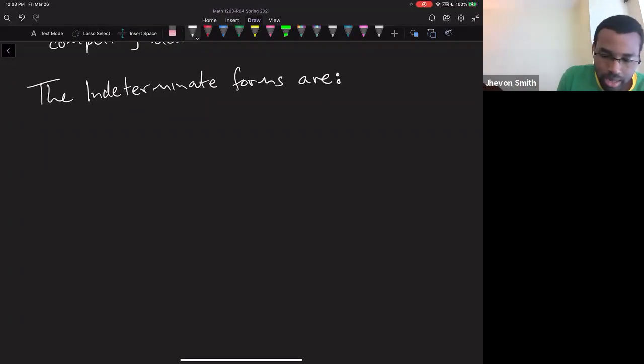For example, infinity to the 0 is such a form. So you're taking a limit of something to a power. What happens if the power goes to 0, but the base goes to infinity? There are competing ideas here, because on one hand, if the base is infinity, you would think the answer should be infinity.